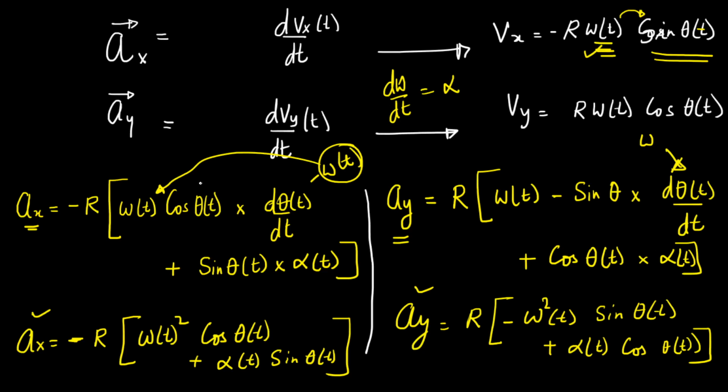So I'm going to write this now as a is equal to ax i plus ay j, which you will readily agree. So now I have ax, and just to tell you, this whole thing has to be multiplied by i, and this whole thing has to be multiplied by j.